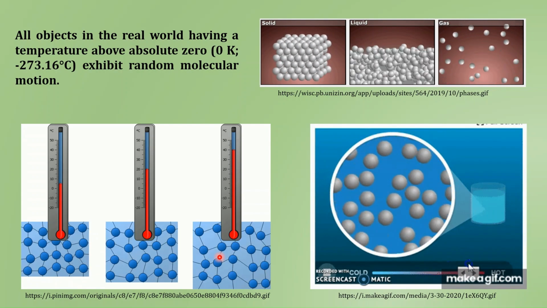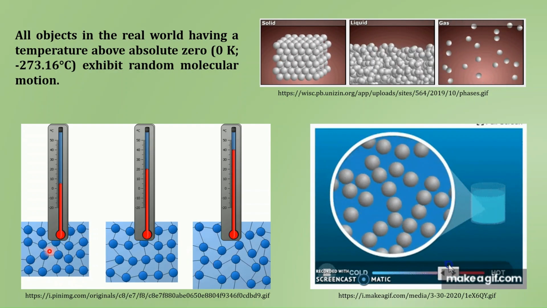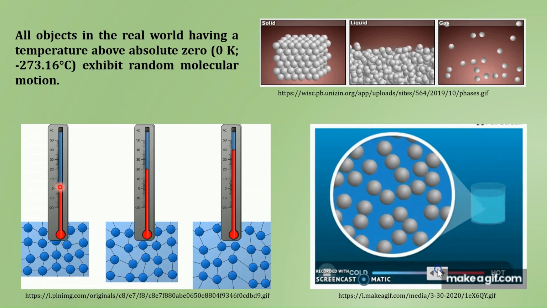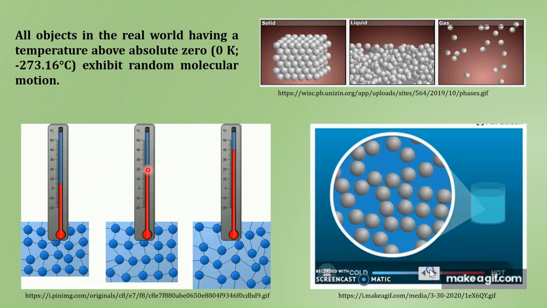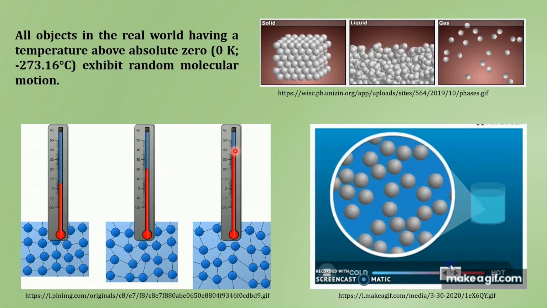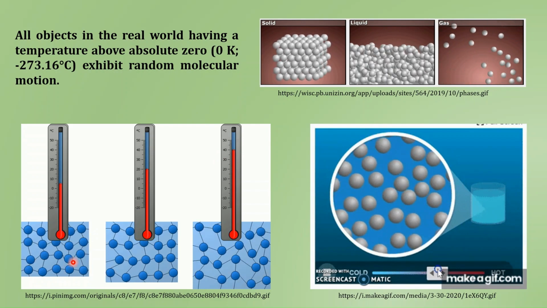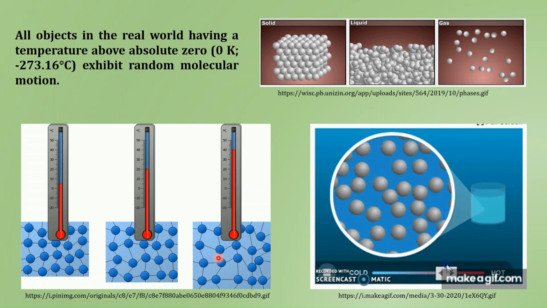As the temperature increases, the molecular motion increases. In the first case, the temperature is up to 5 degrees Celsius. In the second one, we have 20 degrees Celsius, and here the temperature is 40 degrees Celsius. We can see that the molecular motion increases as the temperature of the medium increases.